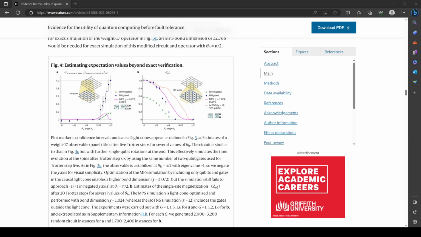IBM released this into the wild, but the tides have certainly turned on scientific favorability on NISQ. There were a lot of very valid criticisms, some of which I will leverage, but there are also a lot of random criticisms. A bunch of groups put out papers saying, oh wait, we can actually simulate this efficiently, so you don't have quantum advantage.